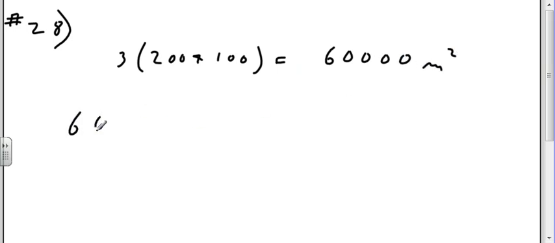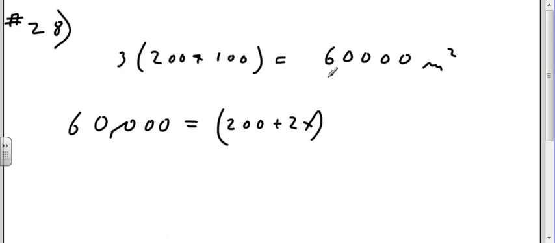So that's 60,000 is going to equal 200 plus 2x. So that's one side, 200 plus 2x. And the other side is 100 plus x.